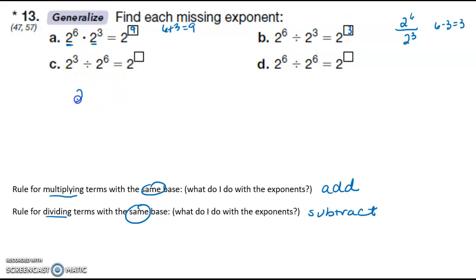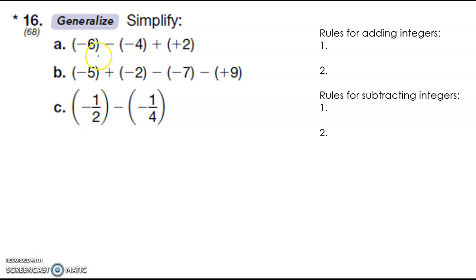Here I have 2 to the 3rd over 2 to the 6th, which is going to be 3 minus 6, which is negative 3. And here I have 2 to the 6th over 2 to the 6th. So we have 6 minus 6, which is 0, and we know that this whole thing is equal to 1.